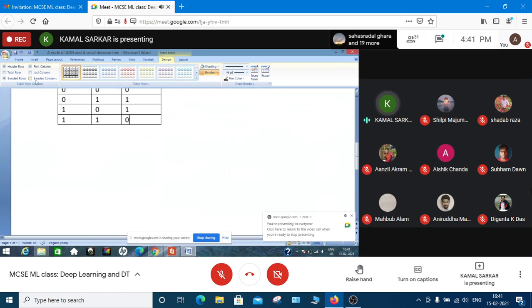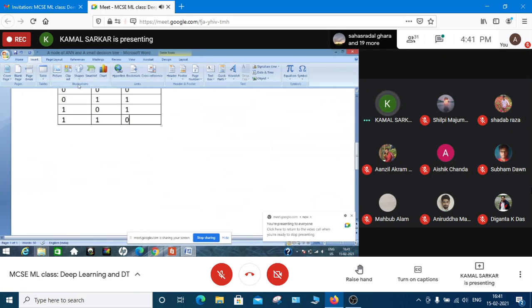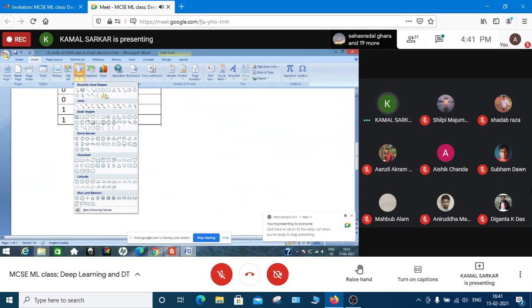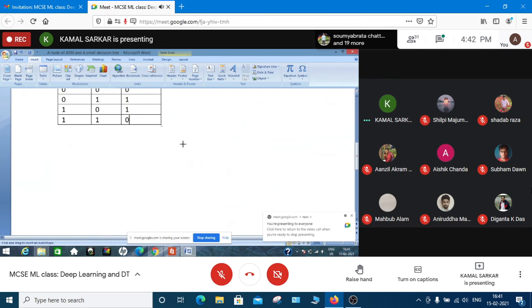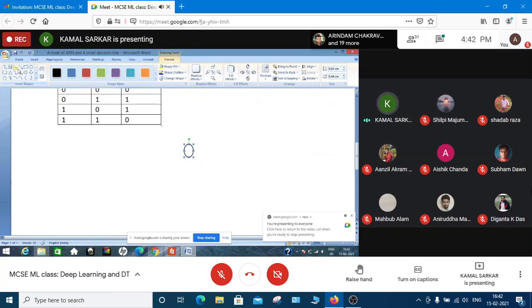So now your decision tree will look like this. Say for example, this is your root node, and now this is a branch, and this is another branch.